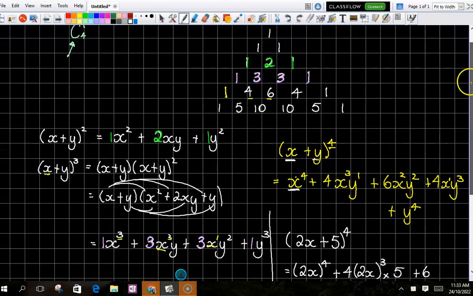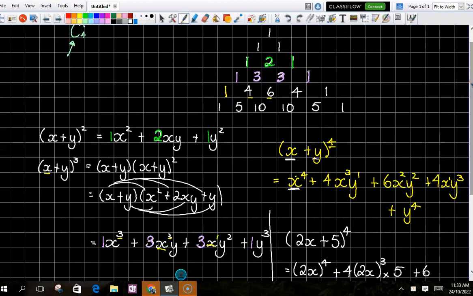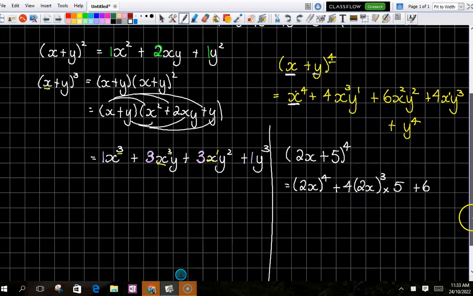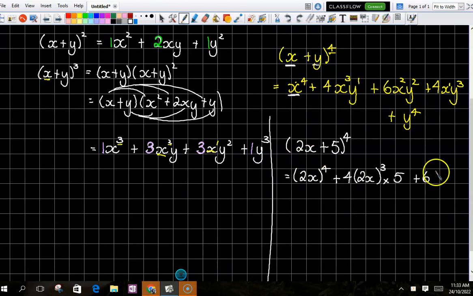Is everyone okay? If we put something down and you don't understand, you have to say why. So we're going 1, 4, 6. And now, first term, it's going to be 2x, but to the what power? 4, 3, 2, which means we now have to say it's times 5 squared. Right, 2 plus 2 gives you the 4. Make sense?